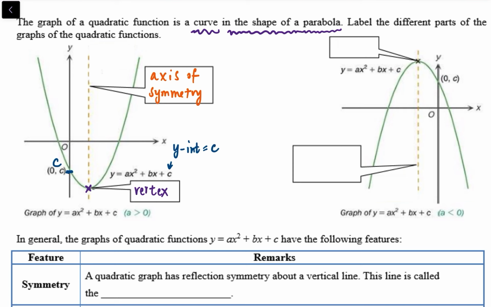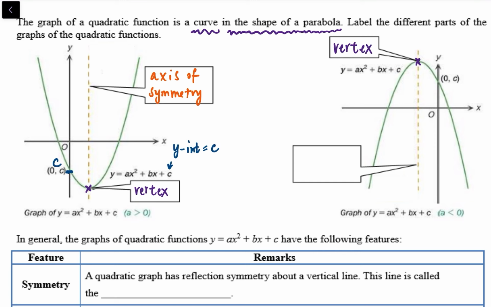On the right, we have another graph of a quadratic function. It's also in the shape of a parabola, so it's the U shape, but it's opening downwards, facing down. This time we have the point on the very top. This point is also called the vertex.